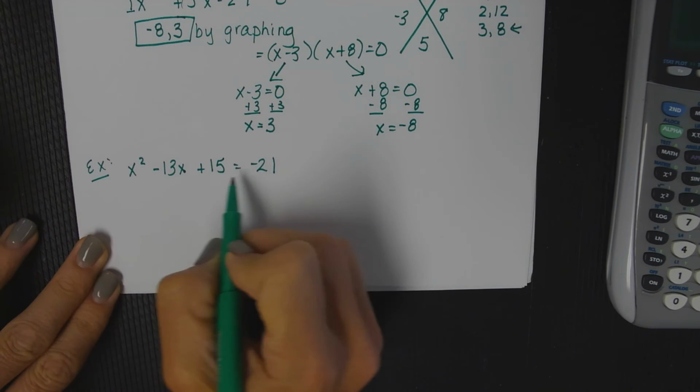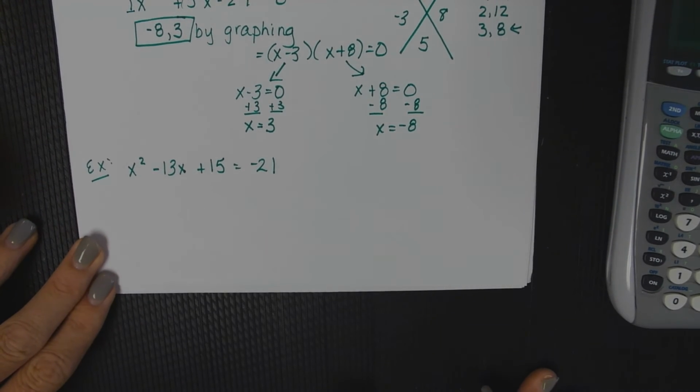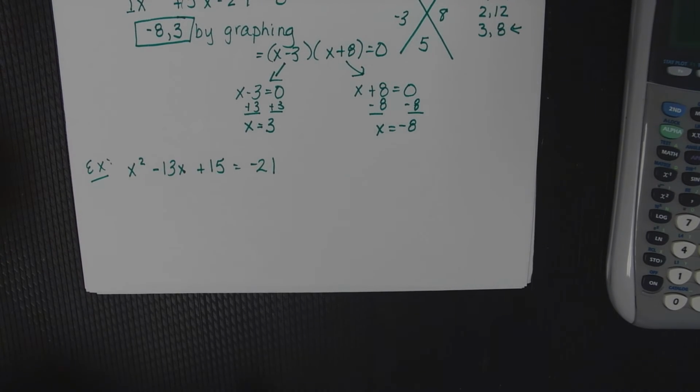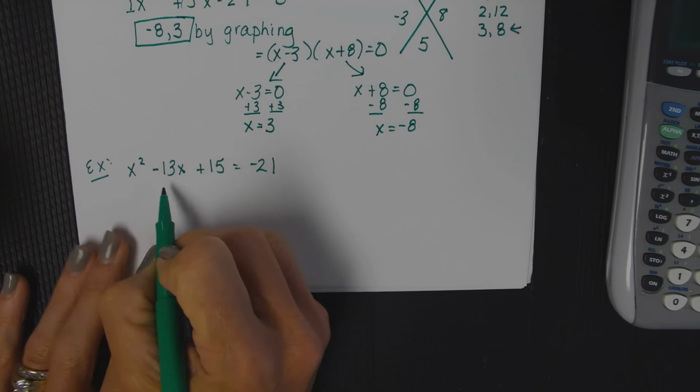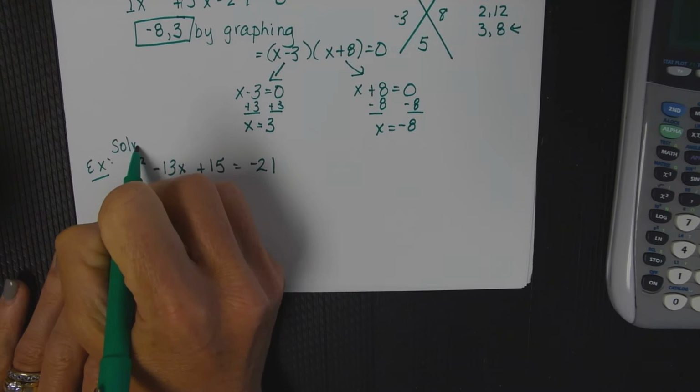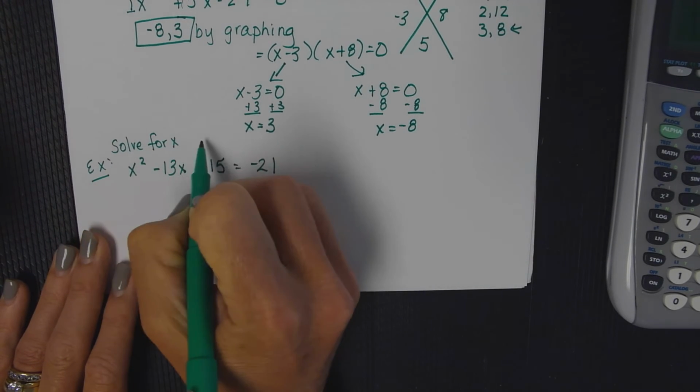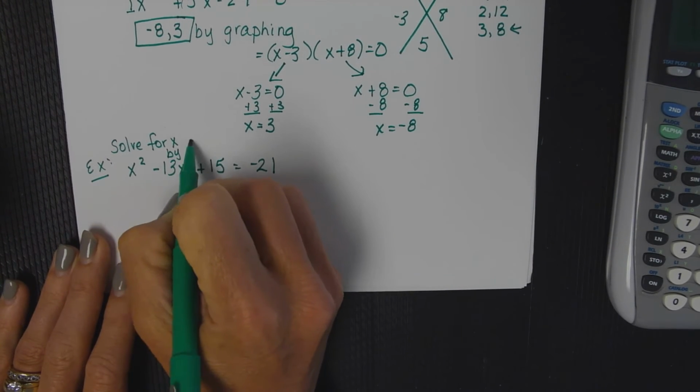There's something wrong with this. Directions are solve for x by factoring.